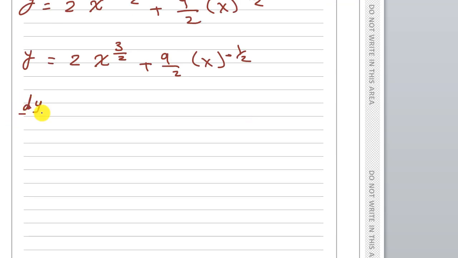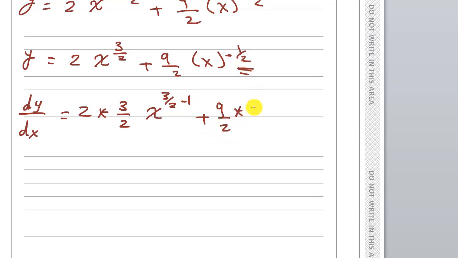dy by dx is equal to 2 multiplied by 3 over 2 multiplied by x power 3 over 2 minus 1 plus 9 over 2 multiplied by this value which is minus half multiplied by x power minus half minus 1.